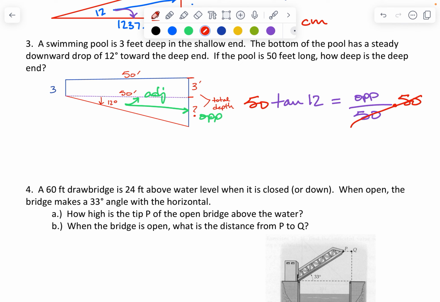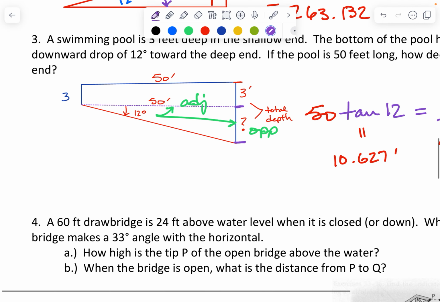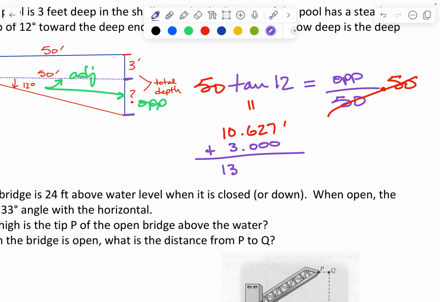I can put 50 tan 12 into my calculator, and I get 10.627 feet. Now, that is just this portion. So I have to go over to that 10.627, and I have to add my 3 feet for a total depth of 13.627 feet.